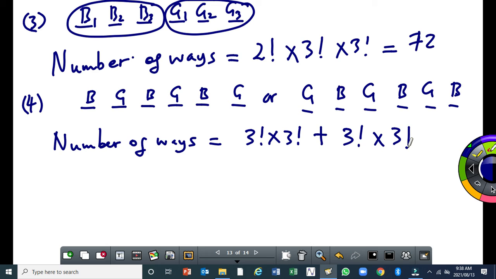So this will give you 72. Now, this can also be written as 2 times 3 factorial times 3 factorial, because this gives you the same answer. But because I'm teaching here, I have to write it that way so that you can understand it better. Are you following?